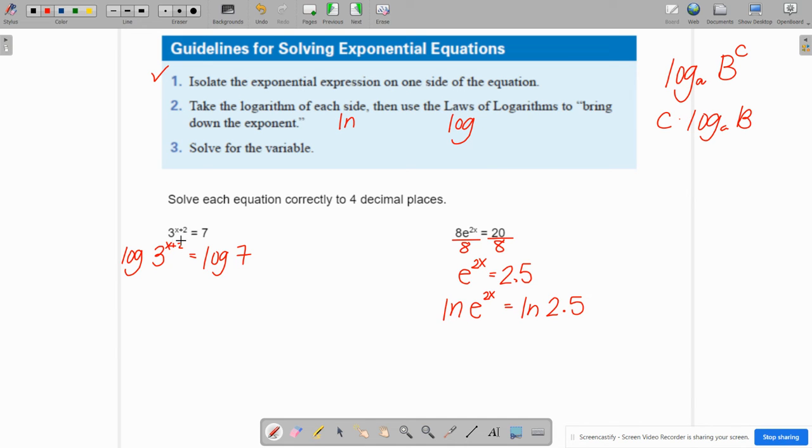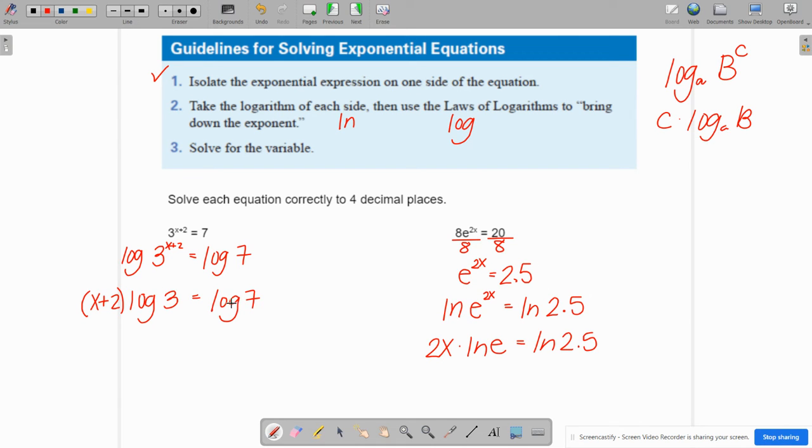So since the entire exponent here is x plus 2, we could move that and say you are multiplying by that quantity. So I'm going to put it in parentheses. So this would be the quantity x plus 2 times the log of 3 equals over here the log of 7. Over here, this would become 2x times the natural log of e equals the natural log of 2.5.